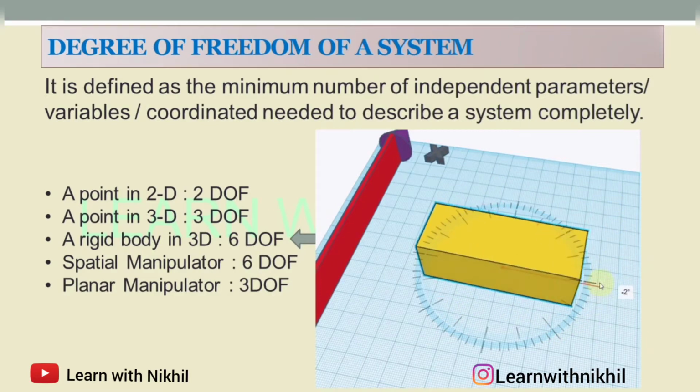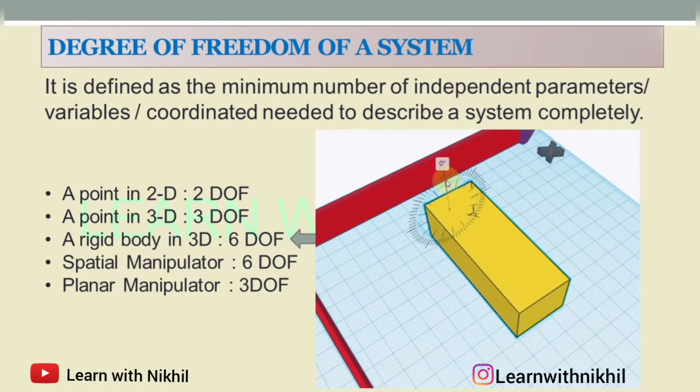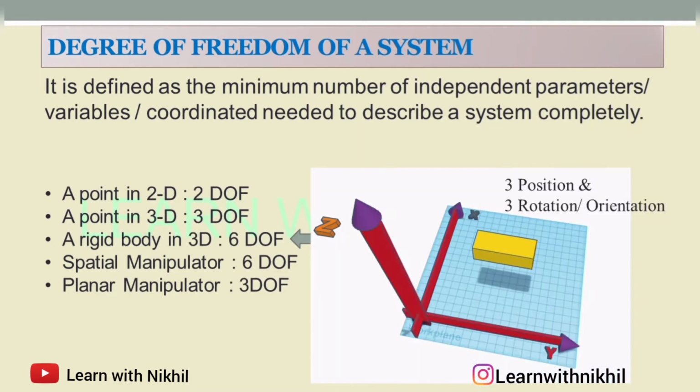This moves like this, which is the second orientation or rotation, and this is the third orientation or rotation. So it has 3 positions and 3 orientations, a total of 6 degrees of freedom. This is how a rigid body in 3-dimensional has 6 degrees of freedom.